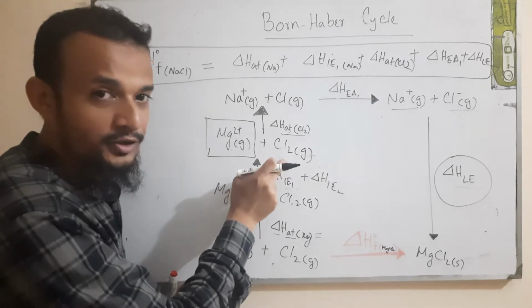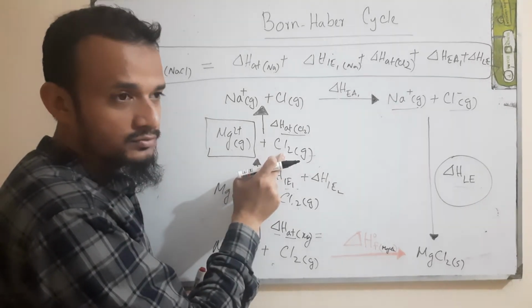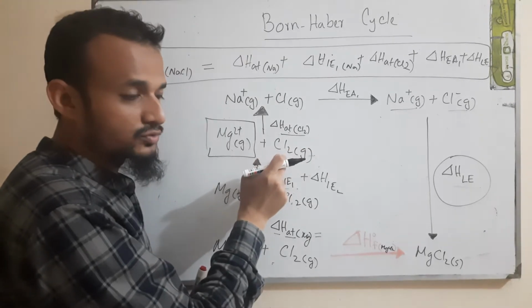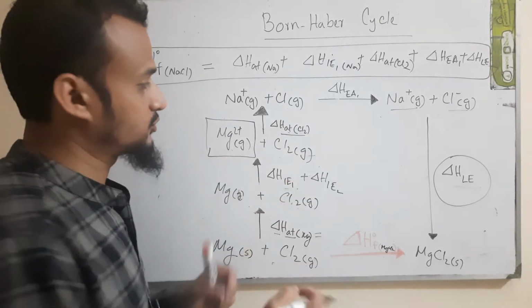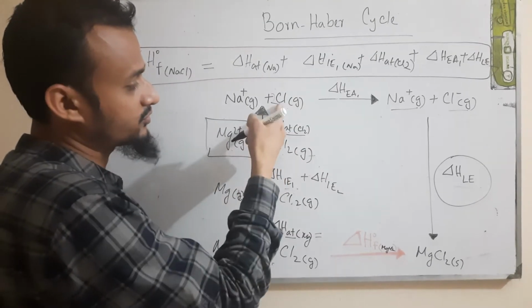Now worry about chlorine. If you want to make the chlorine into chloride ion, it's not half Cl2, it's Cl2. So if you break it, you will get 2 atoms. So can I write 2Cl? If I break it, 2Cl, right?